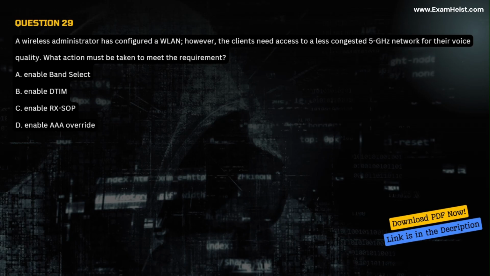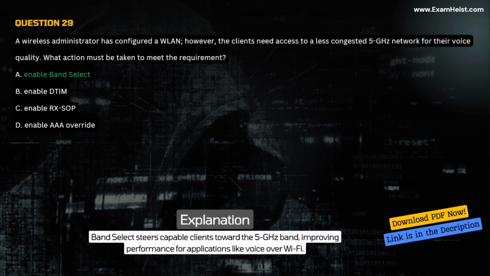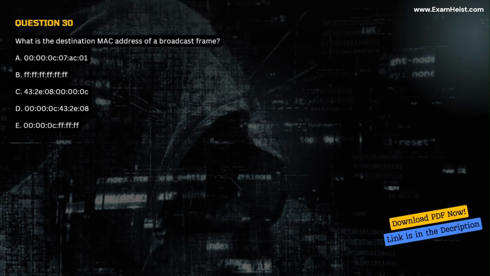D. Enable AAA override. Correct answer A. Enable band select. Explanation. Band select steers capable clients toward the 5 GHz band, improving performance for applications like voice over Wi-Fi.